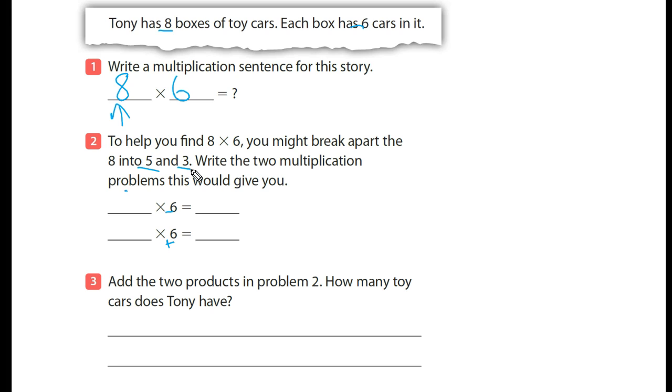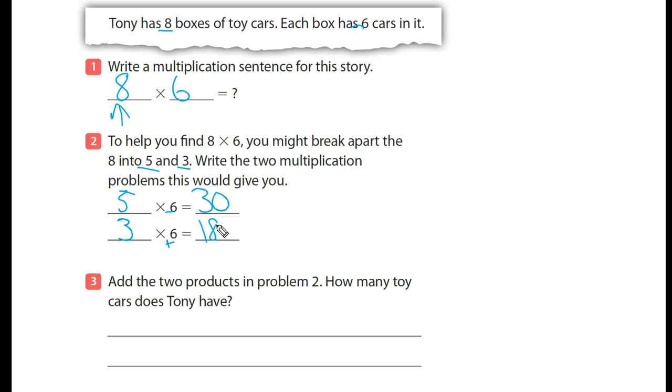5 and 3. So 5 times 6 and 3 times 6. So what's 5 times 6? 30. And 3 times 6? 18. Okay.